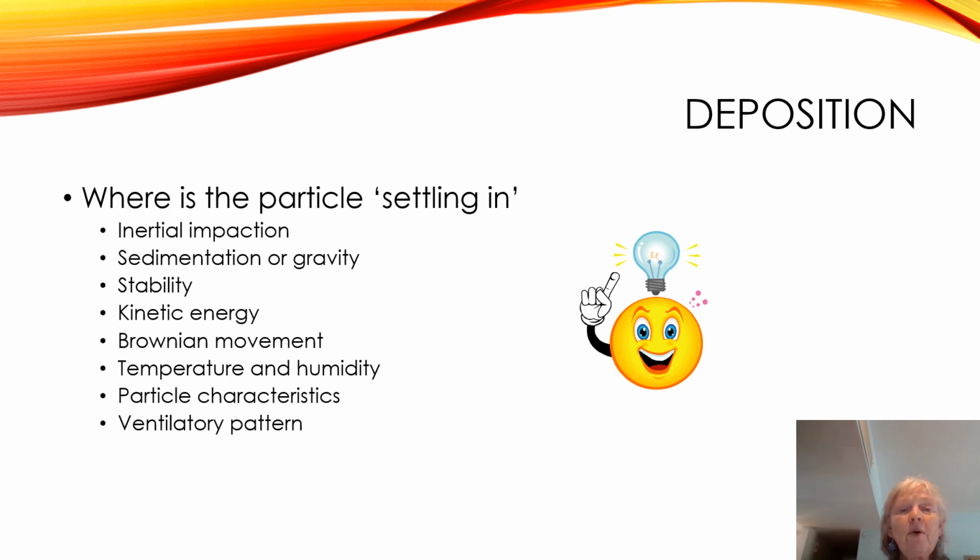The reason the particle will settle on the back of the throat is that when you inhale it, it's too big to make the turn and go down into the trachea and then down into the airway. So depending on how fast you breathe, you can put a lot of these particles on the back of your throat and decrease the amount that are actually settling into the airways. If you breathe too slowly, it's just going to deposit in your mouth. You're not going to get them out. But inertial impaction is something that we definitely need to watch.